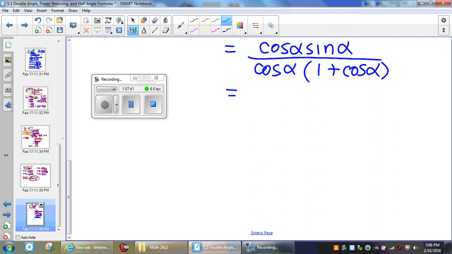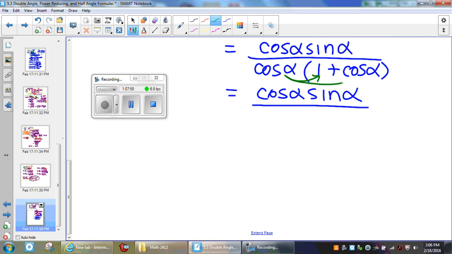So from here we will get cosine alpha sine alpha. And here I'm going to go ahead and distribute. So cosine alpha times 1 and cosine alpha times cosine alpha. So that will be cosine alpha plus cosine square alpha.